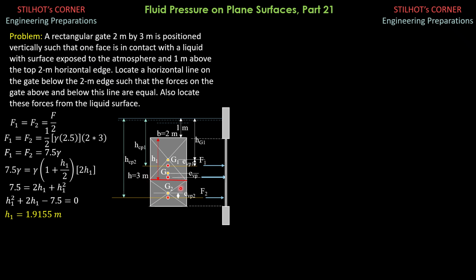So HCP1 is equal to HG1 plus EVP1, where HG1 is 1 plus half of H1, so 1 plus 1 half of 1.9155. So Hg1 is equal to 1.95775 meters.